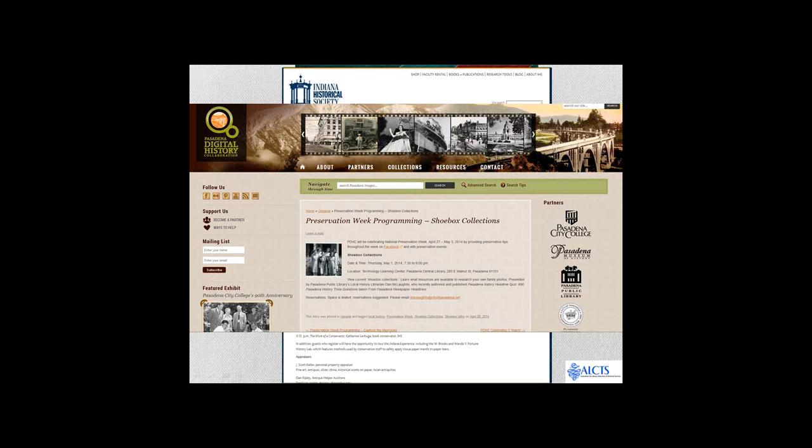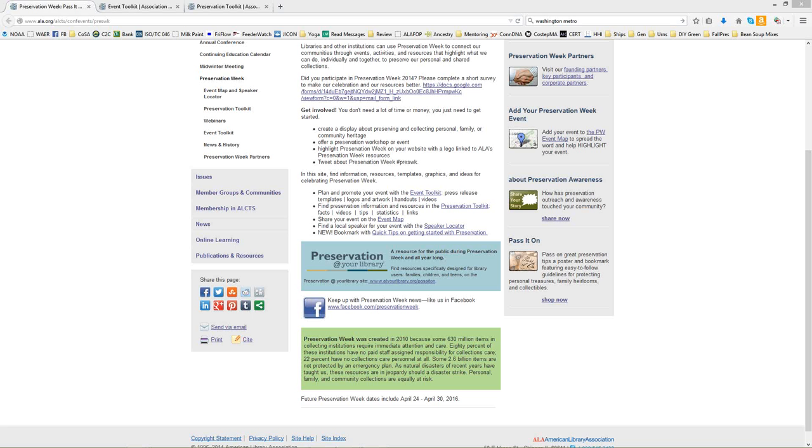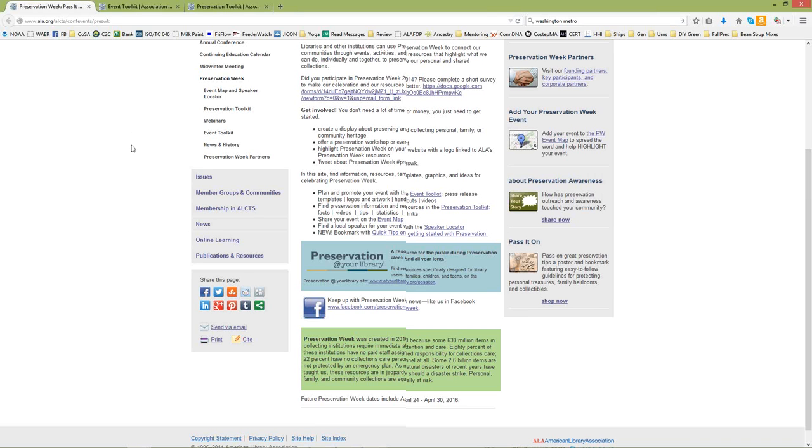So what I'm going to do now is switch which screen I'm sharing for you, so that you can see my other screen, where I have, way down at the bottom, the ALCTS Preservation Week website.